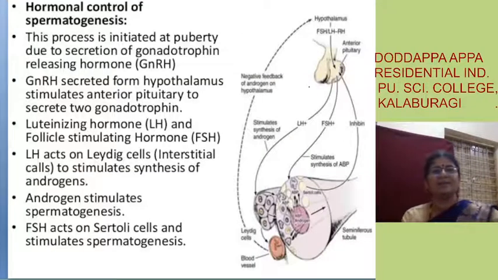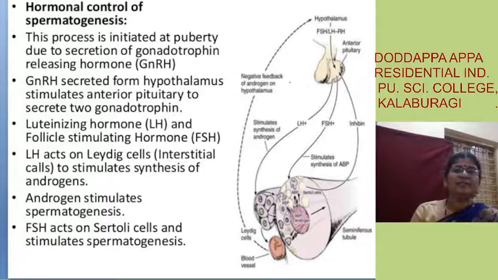Fine. Now let us go to the hormonal regulation of spermatogenesis. So this process, usually the sperm production in the male will begin at puberty, when the male will attain nearly 13 to 14 years of age. So at puberty, the gonadotropins are released. Fine.